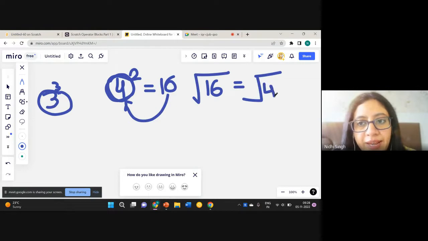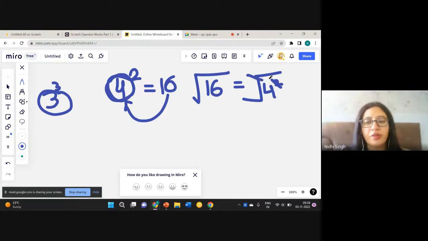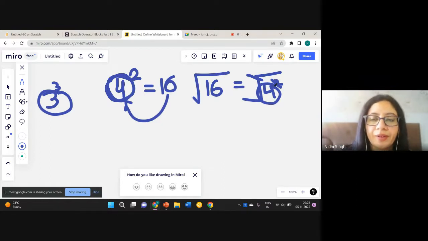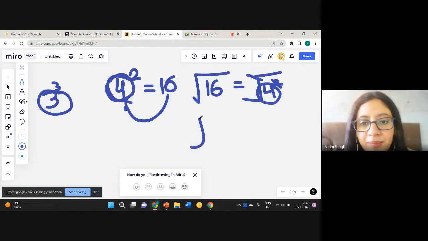Inside you can write 4 times 4 and you can just disconnect these things, cross them, and 4 will be your answer. Another way, if you are finding this difficult, just look at it another way. How will you get 16? Tell me the factors of 16. I want one number which, if you multiply with the number itself, you get the answer.